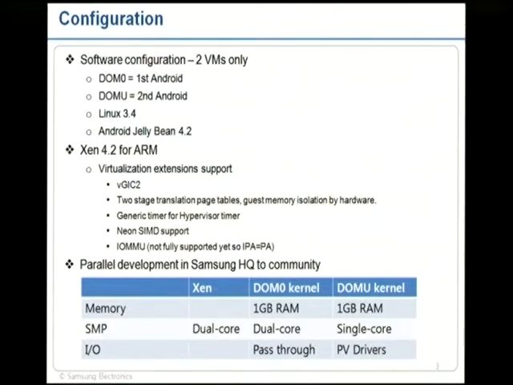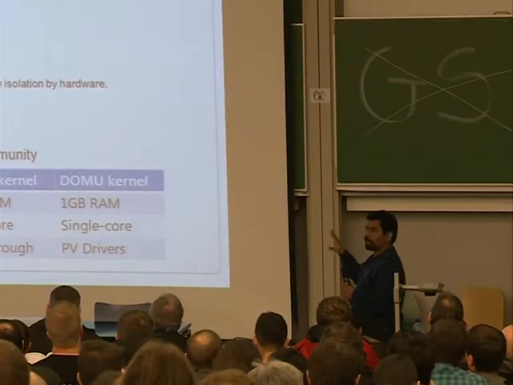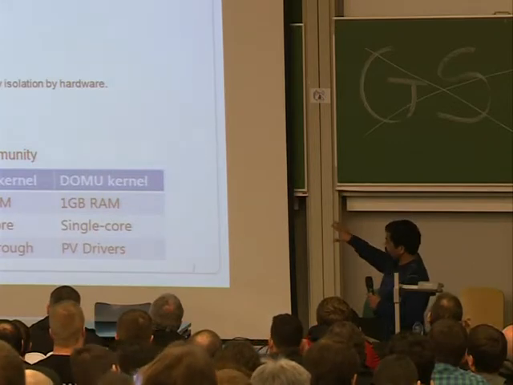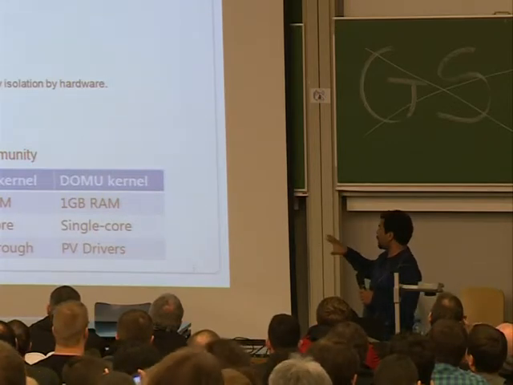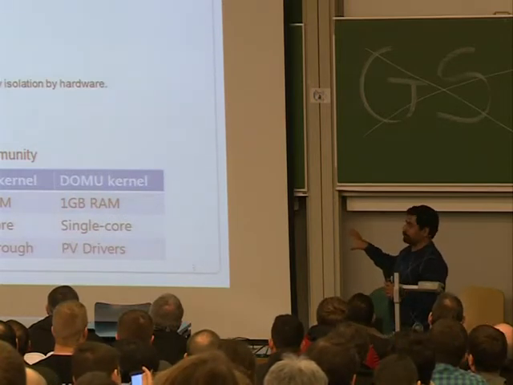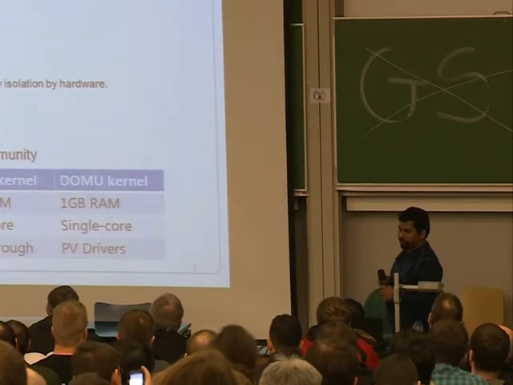The demo which we have supports single core DOM-U, but we have made lots of changes, and DOM-U now supports multi-core as well. The main difference I would like to emphasize here is that in the DOM0 kernel, all the IO devices are passed through, and the DOM-U kernel uses the PV drivers. So this is the whole configuration of the device.